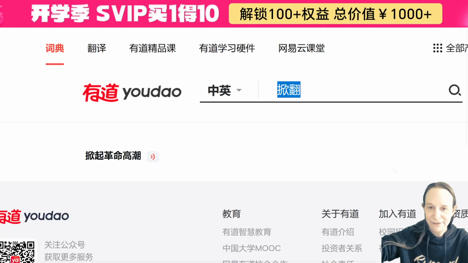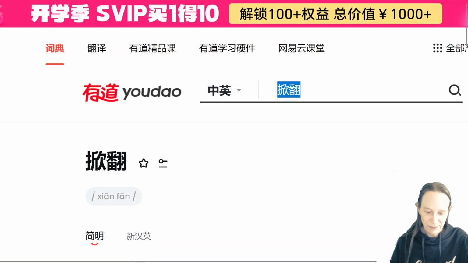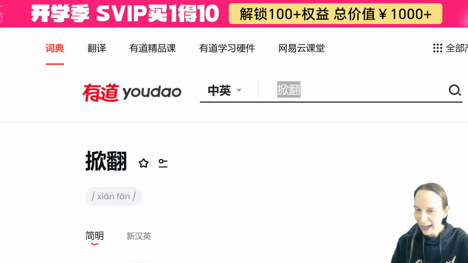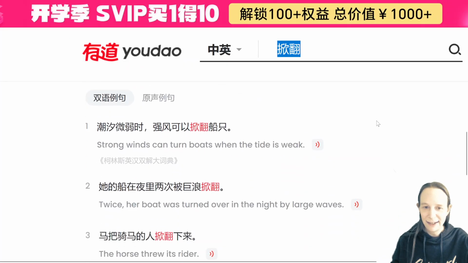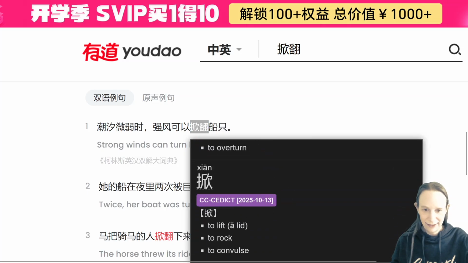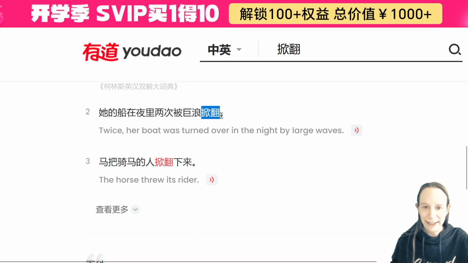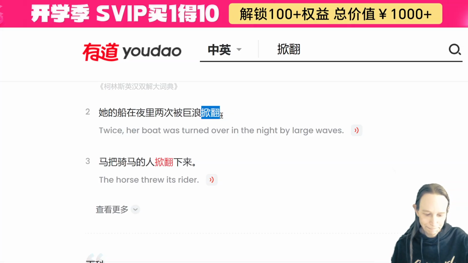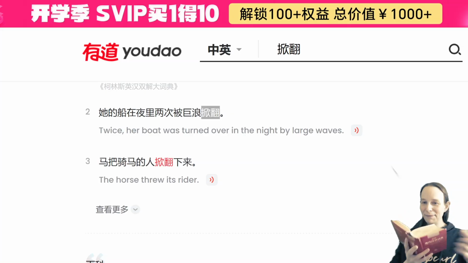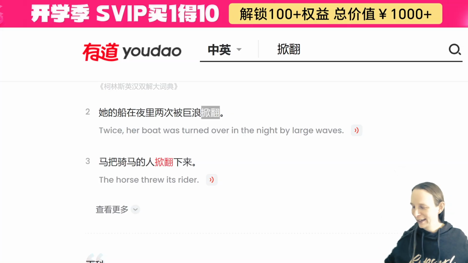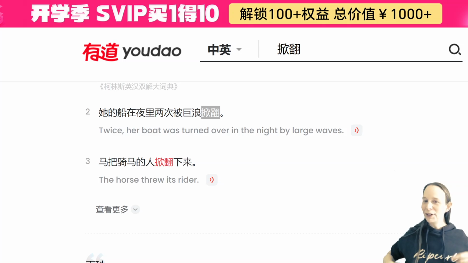Okay, so 掀翻. What would this be? This must be the 打开 one, right? 掀翻玩具. Oh, 掀, to lift. So it's raise and topple the boats or capsize here, right? 巨浪掀翻. I kind of feel like there is a definition missing from this dictionary. We've had 2 dictionaries. What about third?